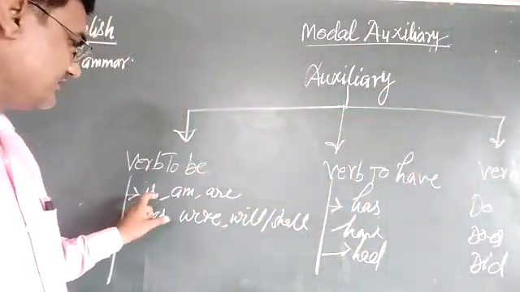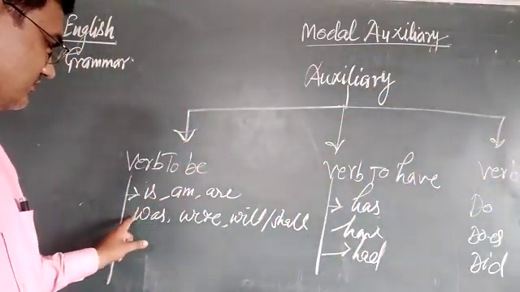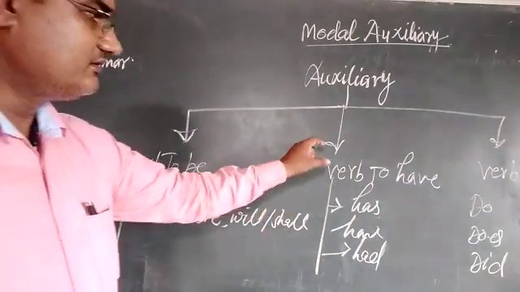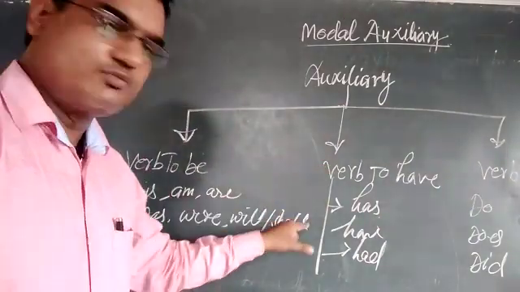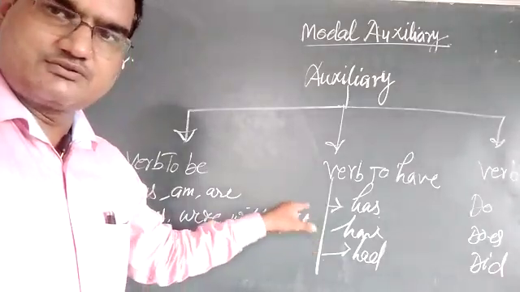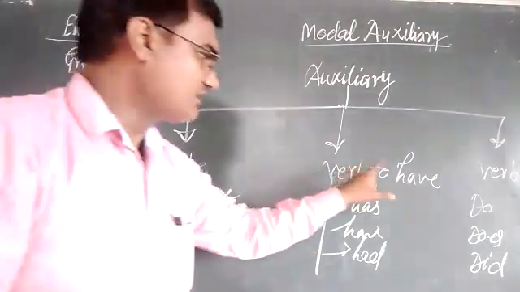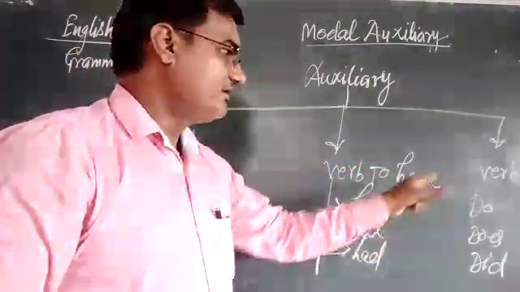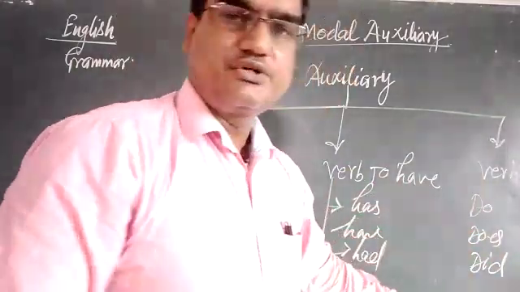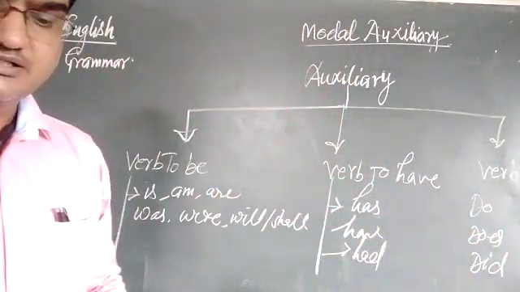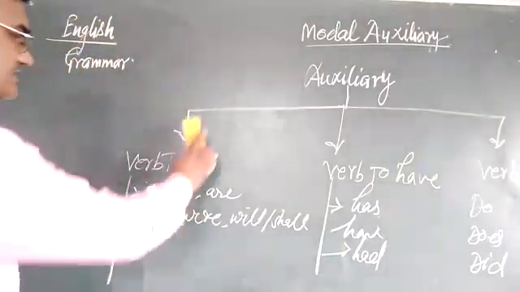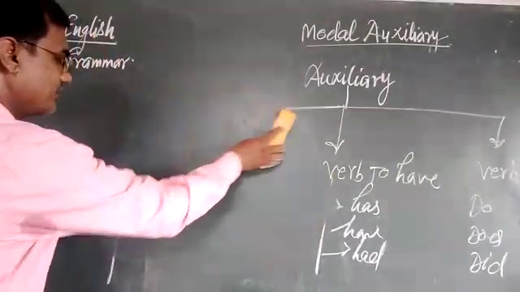So verb to be is is, am, are, was, were, will, shall. You know, will and shall are also modal auxiliary. And verb to have: has, have, had. And verb to do: do, does, did. So these are auxiliary. But you have to know the difference between auxiliary and modal auxiliary.